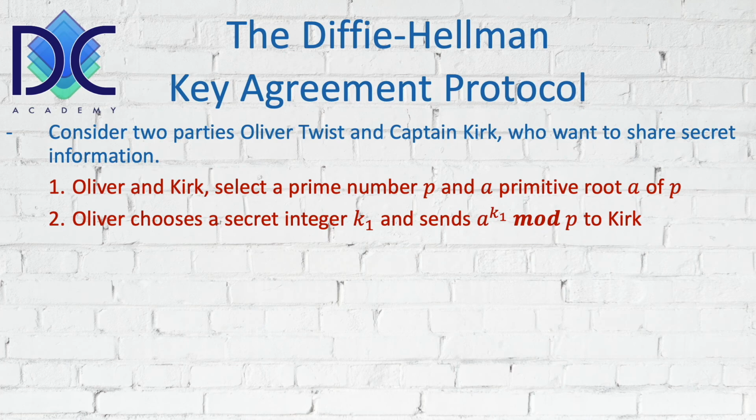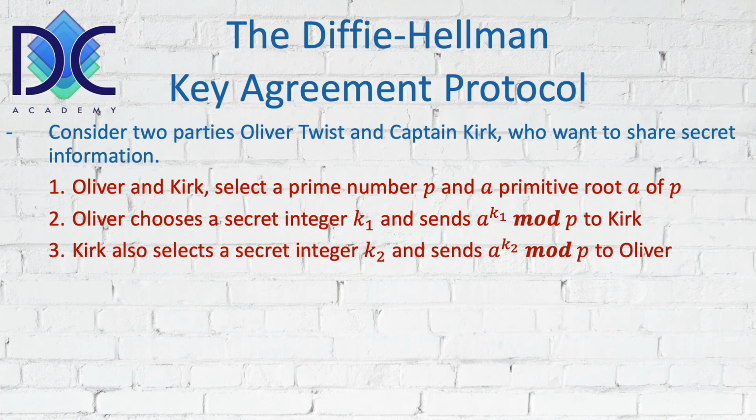Oliver chooses a secret integer, which is k1, and sends a to the power k1 modulus p to Kirk. Kirk does the same thing. He selects a secret integer k2 and sends a to the power k2 modulus p to Oliver.